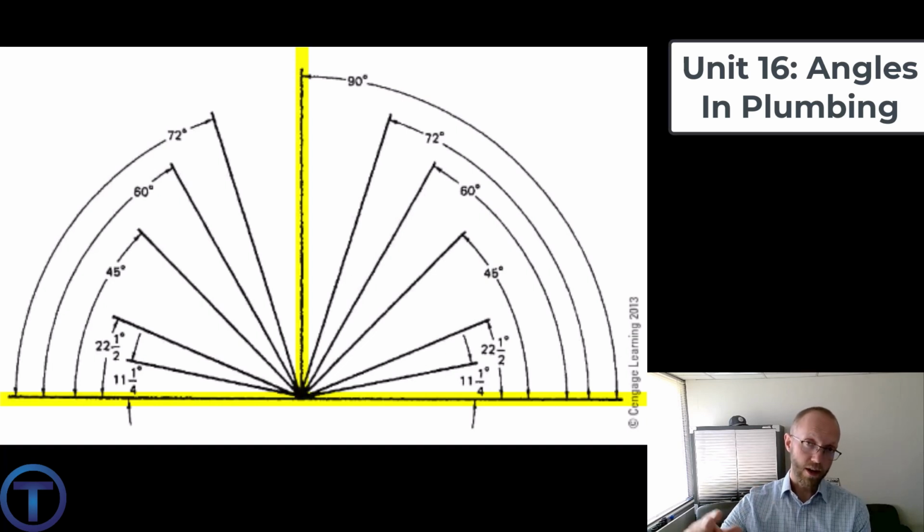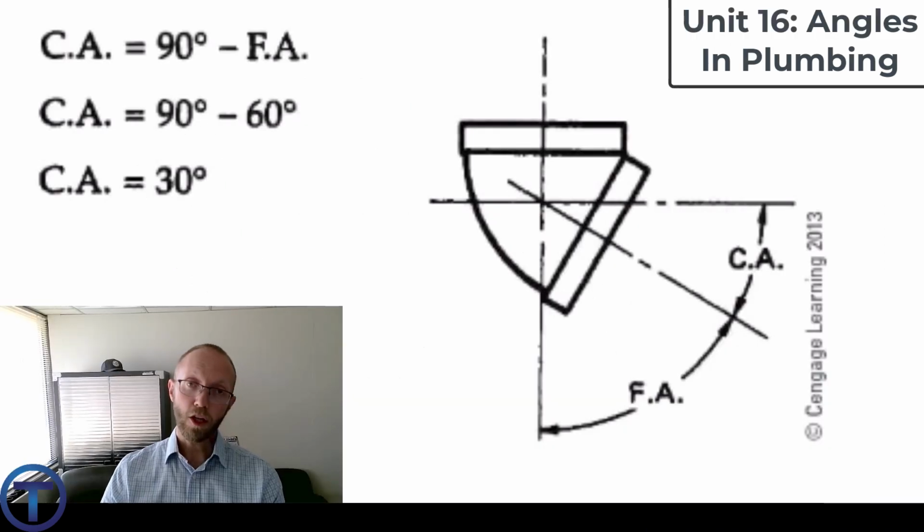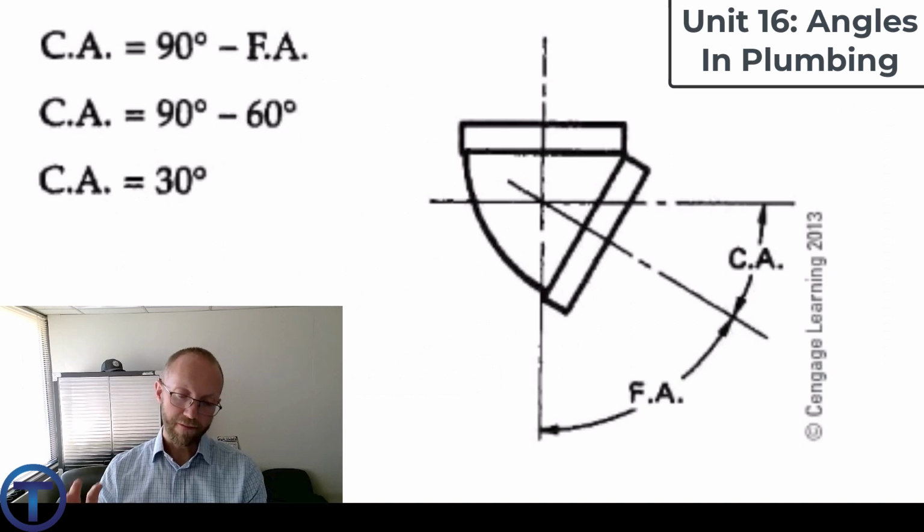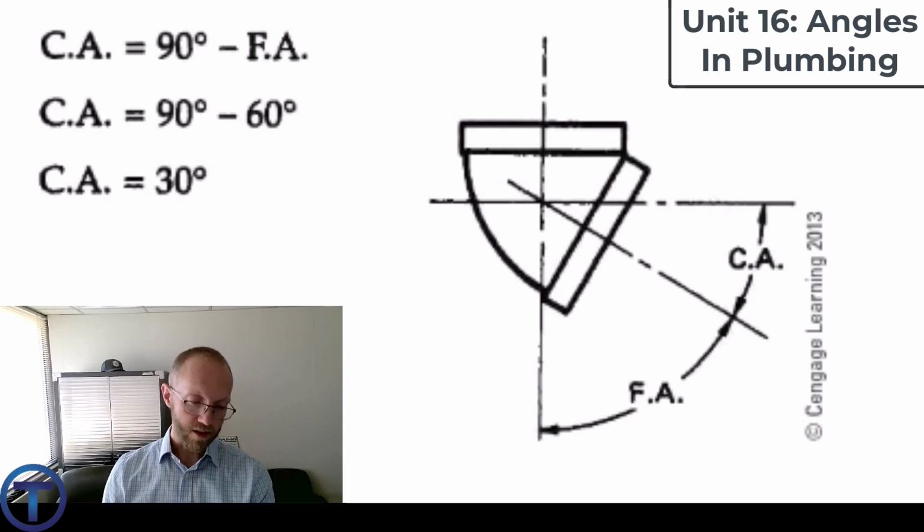So you'll note here I've highlighted 2 center lines, and the distance between them is what creates the angle. The larger the fitting angle, the greater the angle of measure. So fitting angle is a term referring to the actual pipe fittings that we use and the angles that they create.